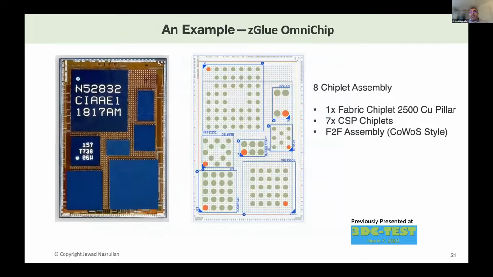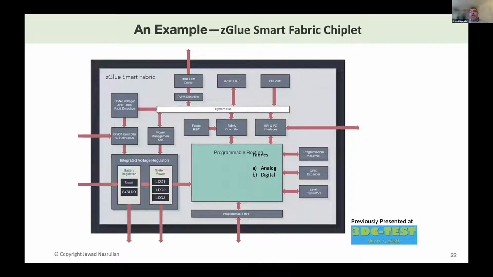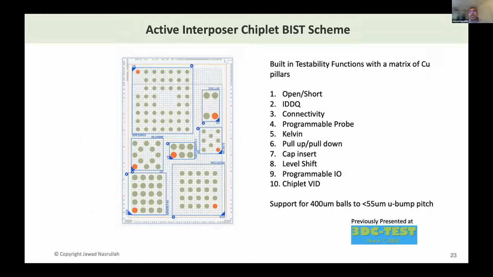So the piece at the bottom, the brownish color, if you look inside, it's a piece of silicon. And this piece of silicon had a bunch of things related to the peripherals and power management. But the green part, which is the most important, the fabric that you look at the very top, is the one that does testability, and there are controllers and built-in self-test schemes inside of it.